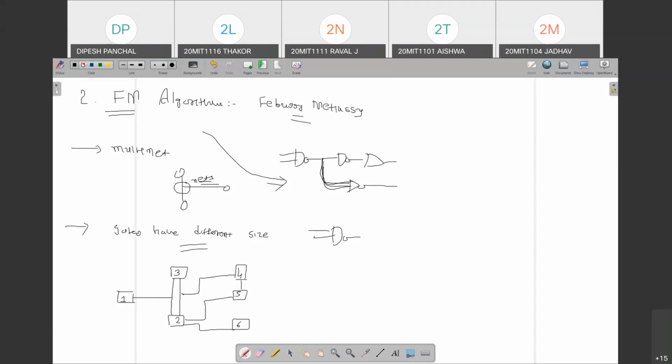And this is the partition. An initial partition is always there because it is an iterative algorithm. So 1, 2, 3 on one side, 4, 5, 6 on the other side.